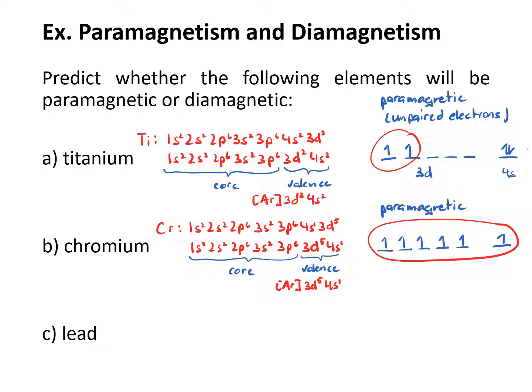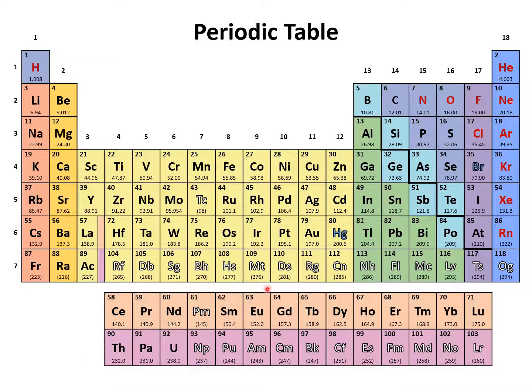Next, we'll take a look at lead. Looking at the periodic table, lead is atomic number 82, and therefore it has 4 valence electrons, being in group 14.